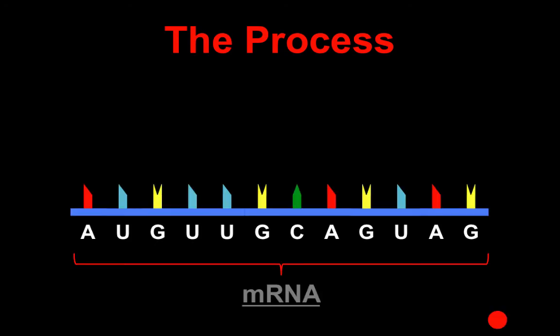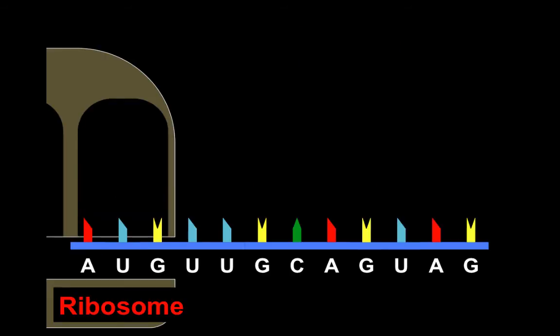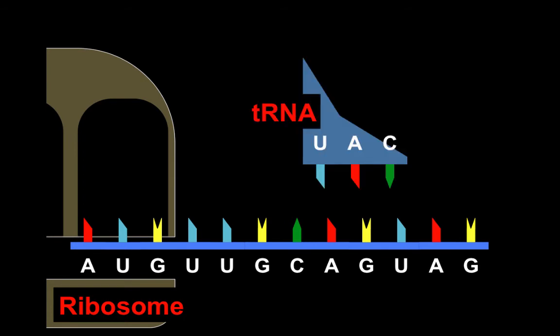All right, so how does this process work? Here we have our mRNA. It's going to attach to the ribosome. And notice the ribosome's kind of got these rooms. This is going to be where the action happens. I have a tRNA. And notice that this tRNA has bases at the bottom of it, and those bases are complementary to those that are on the mRNA.